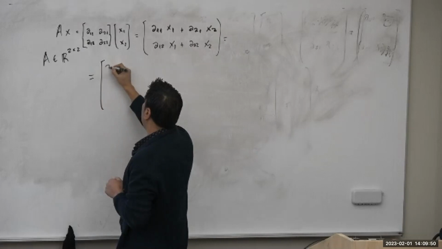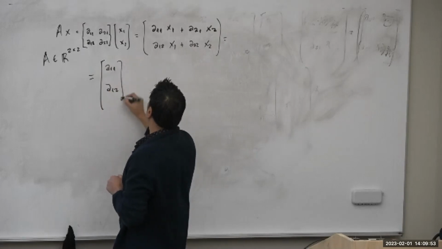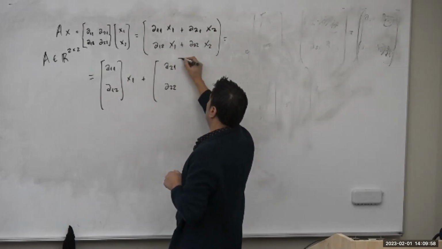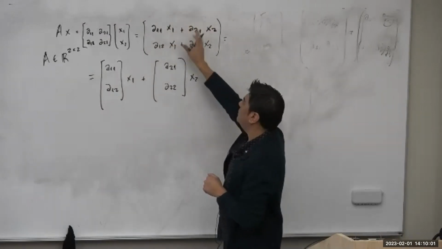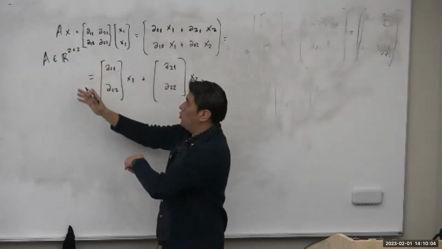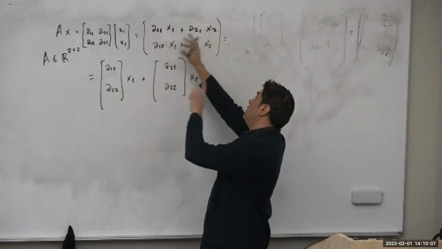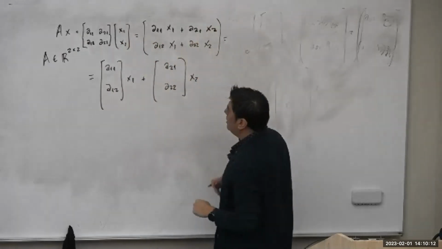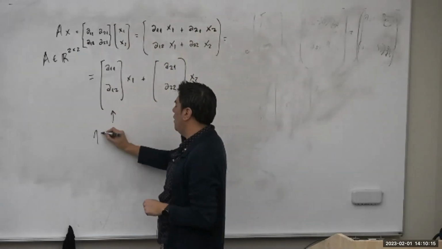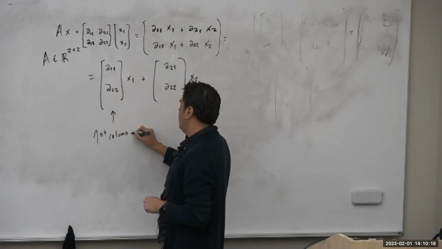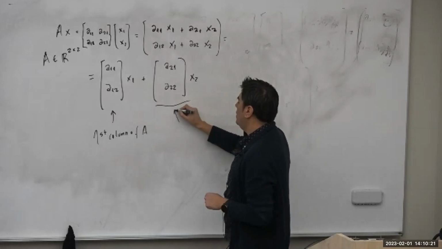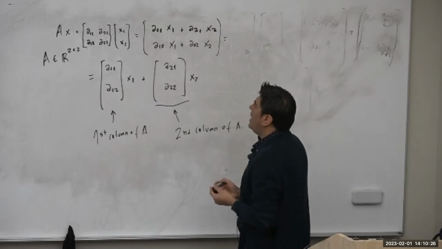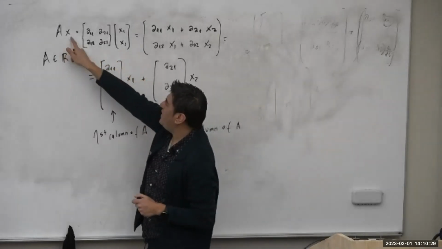So one component can be this one, and the second component can be this one. I am just separating this result. AX is a vector, and that vector is obtained in the traditional way by multiplying this matrix and this vector, you get that. But we can separate this. And what you see here, this is the first column of A, and this one right here is the second column of A. So basically, what is the meaning of this?